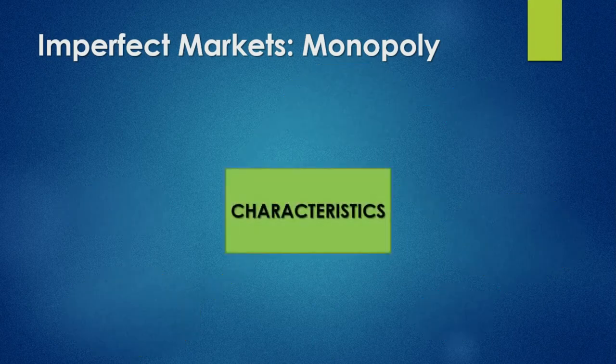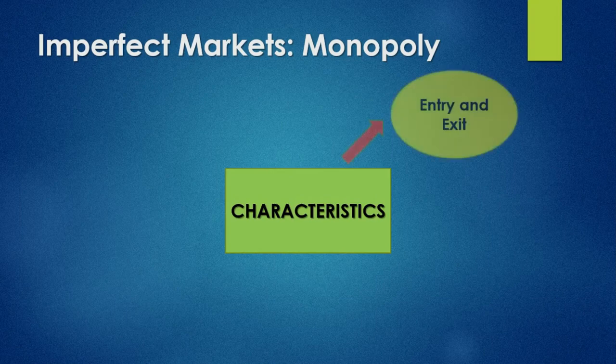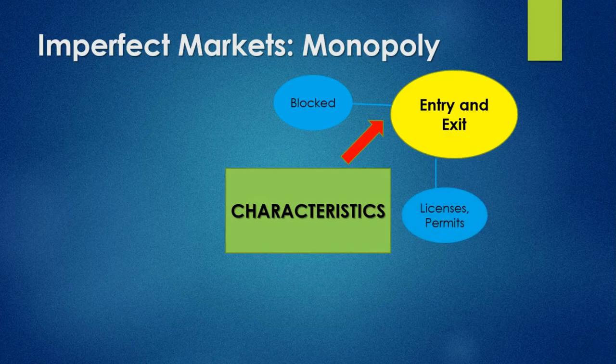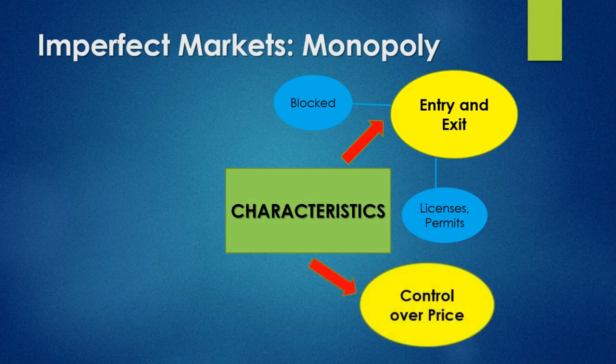We carry on with some more characteristics and we look at the entry and exit into a monopoly. It is a blocked system where you need some sort of license or permit to operate in this market, and it's very difficult to come by, therefore it is blocked. As for the control of price, because they are the only supplier of a good, they have complete control over the price.